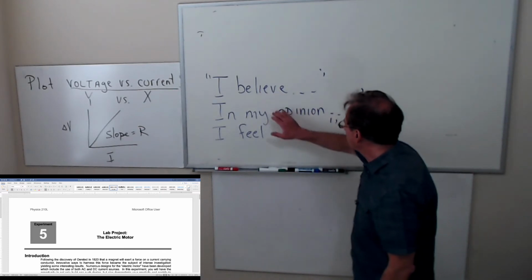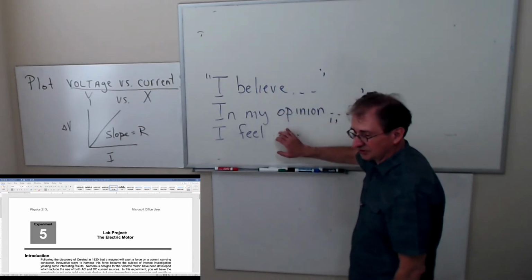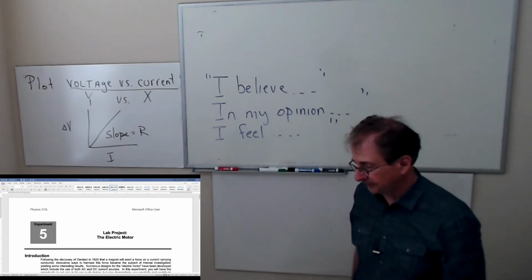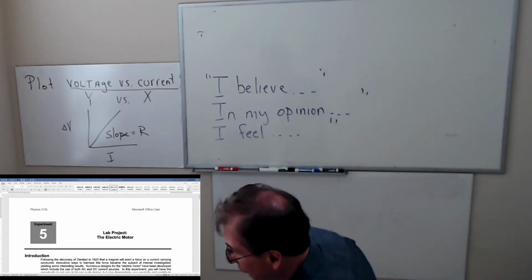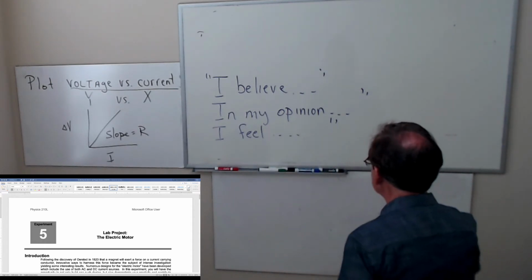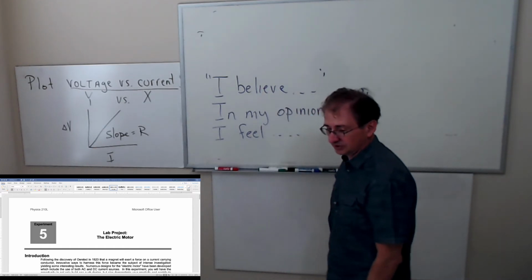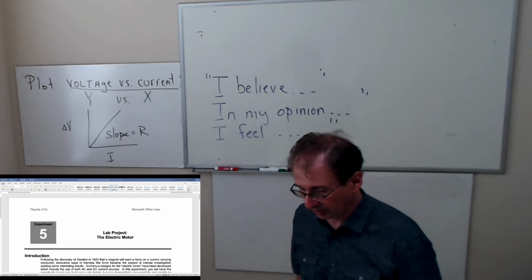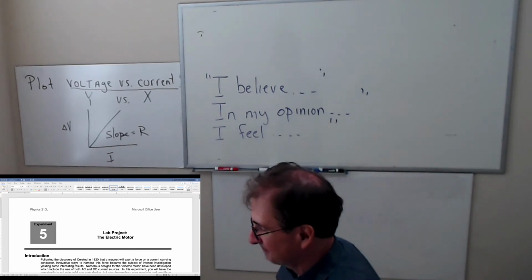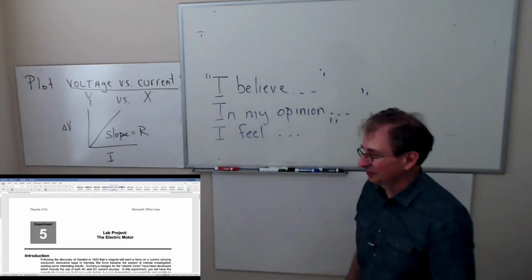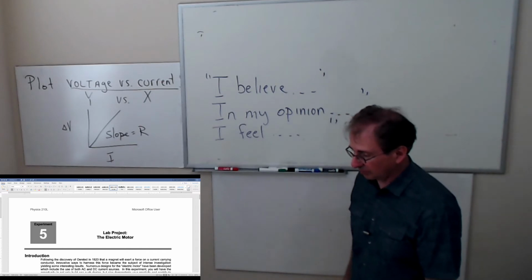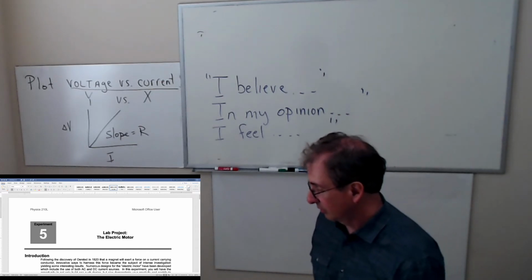Okay, because in science, you don't want to say things like this. I really think scientists should avoid using these terms, especially nowadays where everything's based on what they believe, not what's really true. They don't base things on fact. They only base things on what they believe.